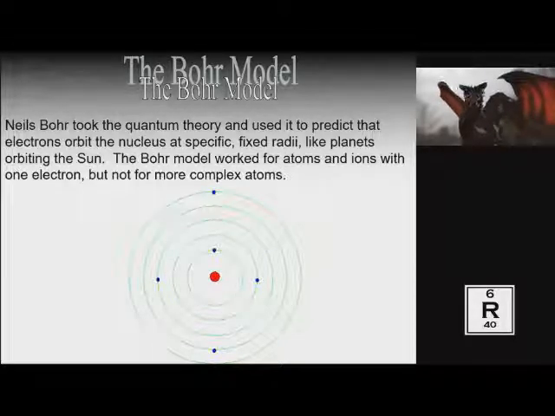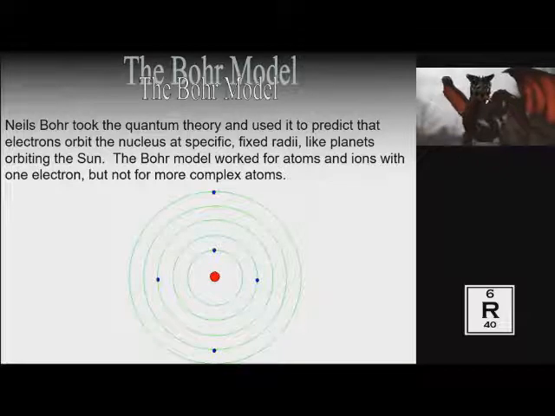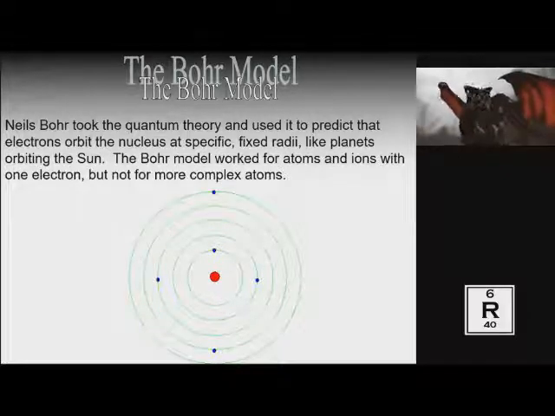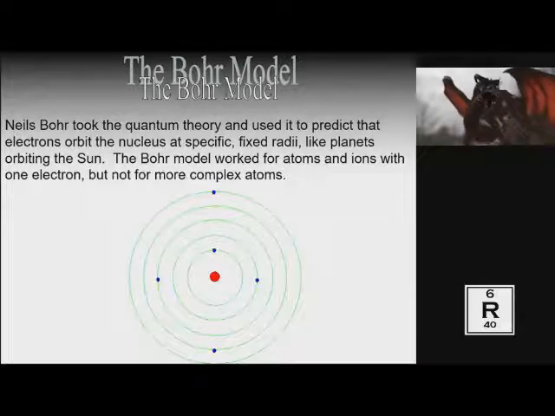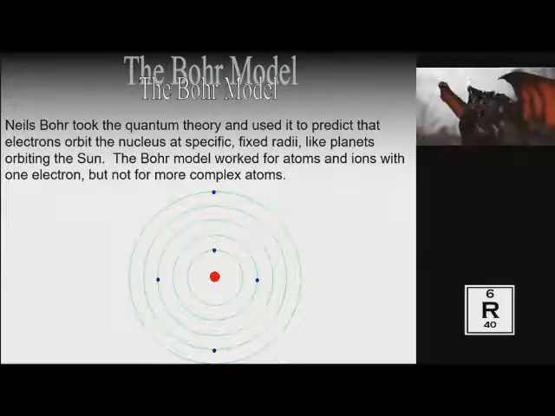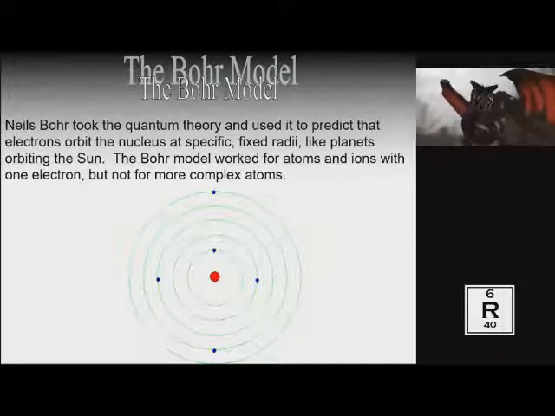So Niels Bohr took the quantum theory and used it to predict that electrons orbit the nucleus at specific fixed radii, like planets orbiting the sun. The Bohr model worked for atoms and ions with one electron, but not for more complex atoms. So it's a very simplistic model, and it does have some flaws with it, and it really only works if you're talking about one electron.